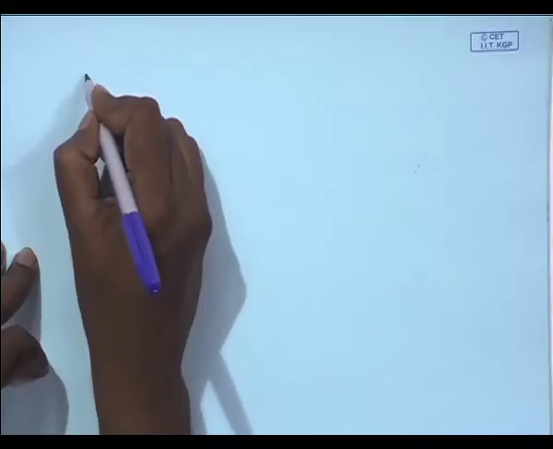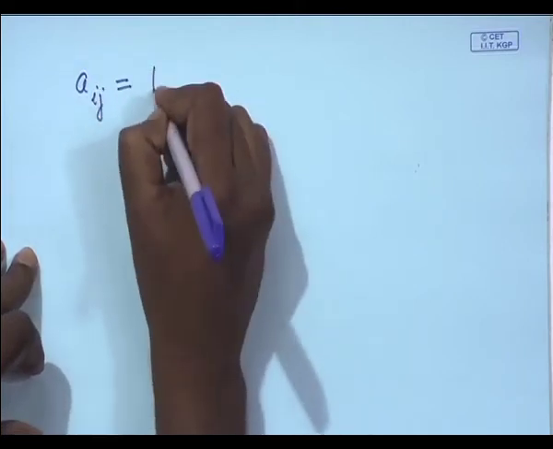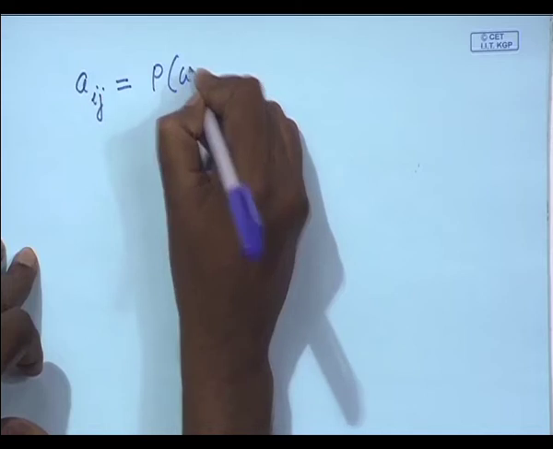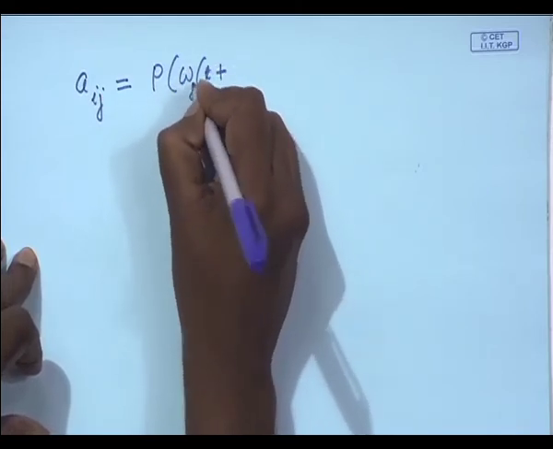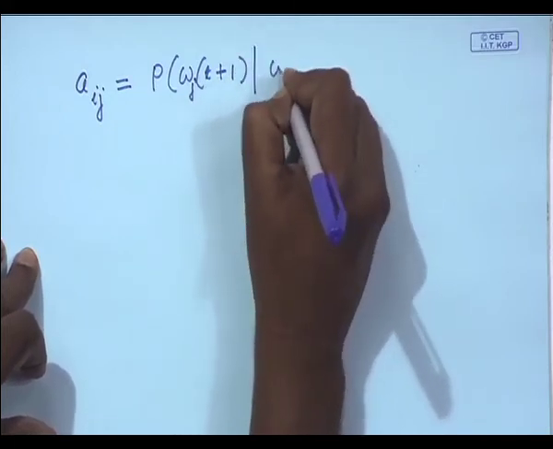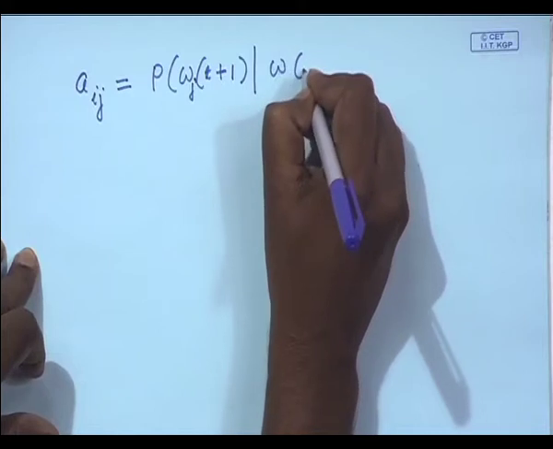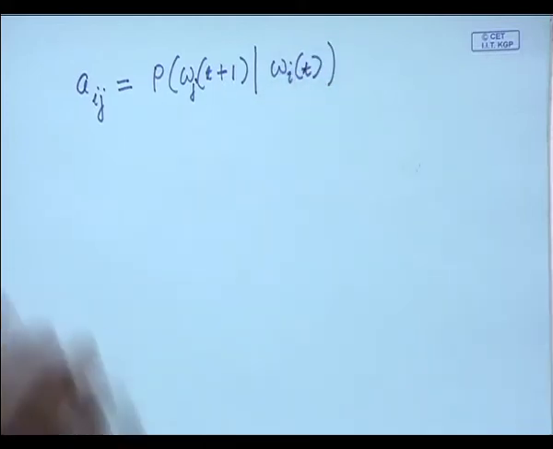So, a i j is equal to the probability that the machine will be in state omega j at step t plus 1, given the machine was in state omega i at time step t. So, this was the probability of transition.